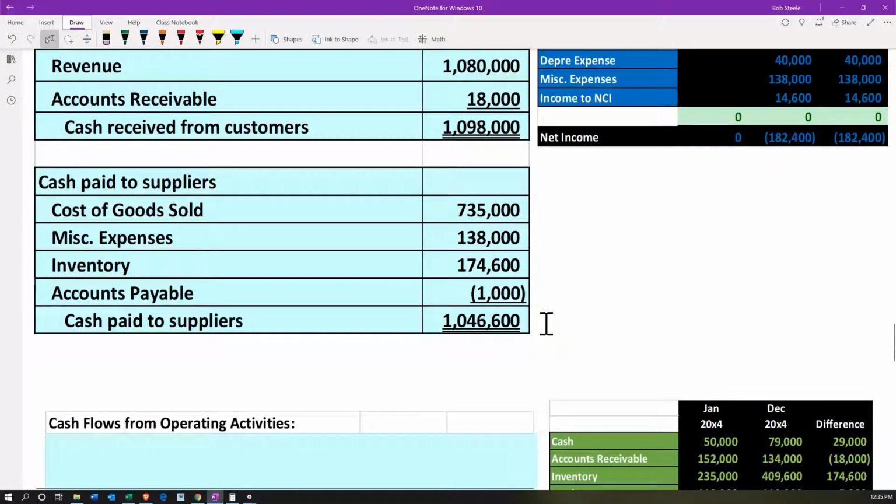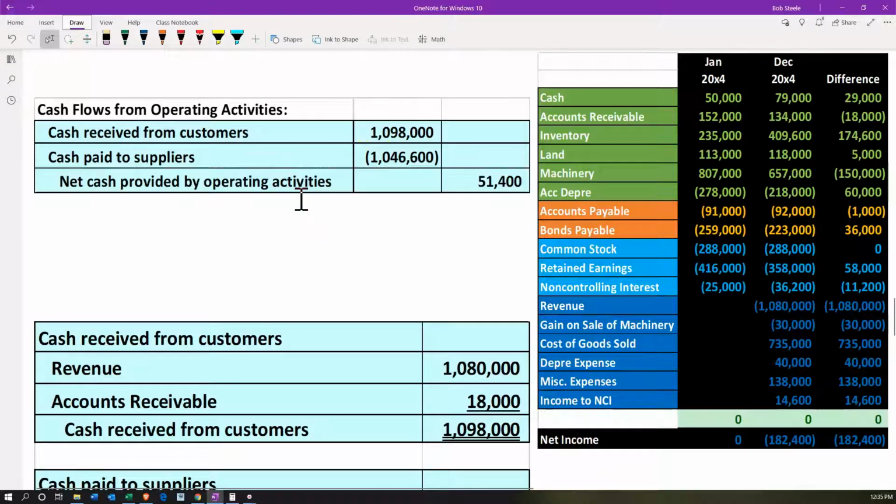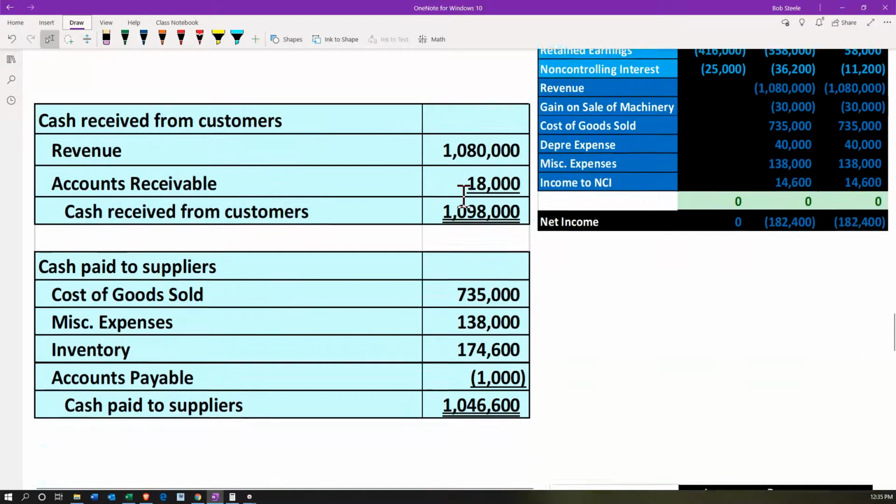That provides us, if we add those up, the 1,046,600. That 1,046,600 then being our component up top. This is going to be cash going out, so we're going to have a negative here. Adding those up, that gives us the net cash provided by operating activities at the 51,400.